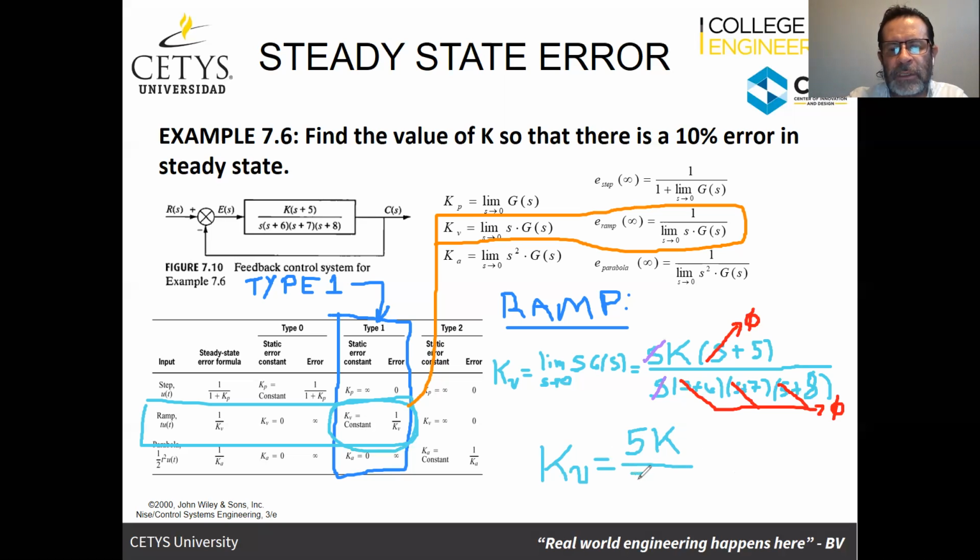Please verify the calculations, I don't want to make a mistake. 5K divided by 336. Okay, yep, 6 times 7.